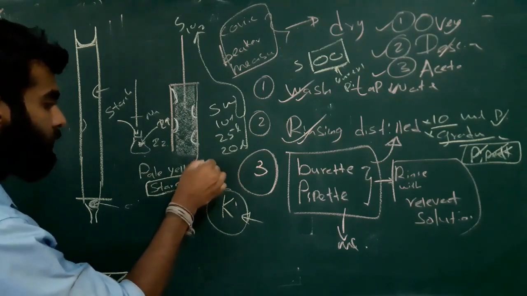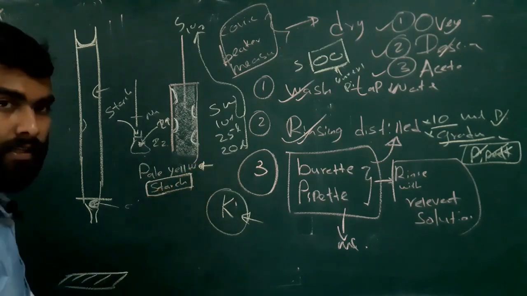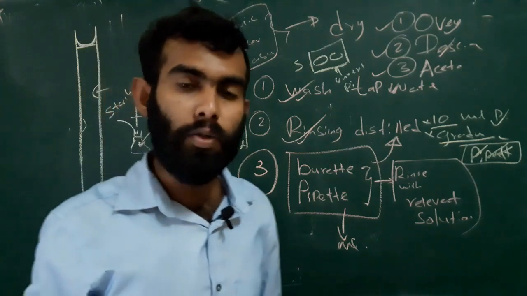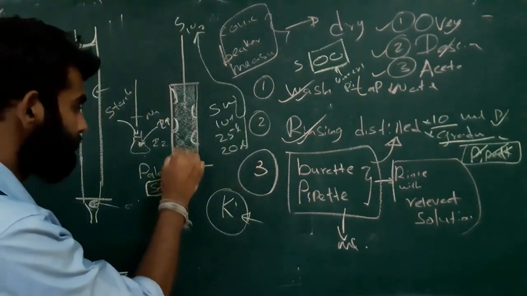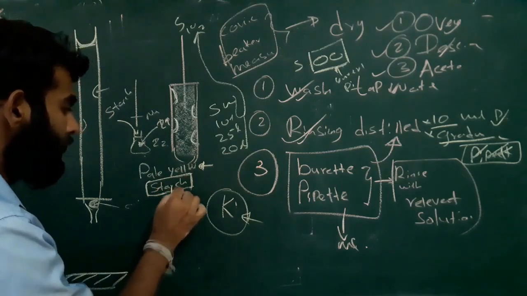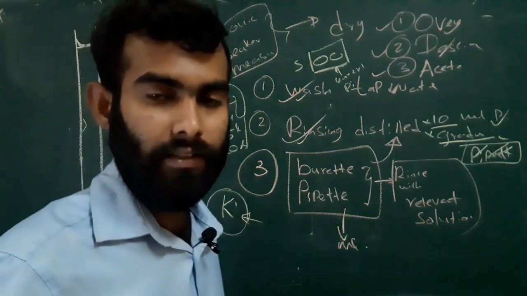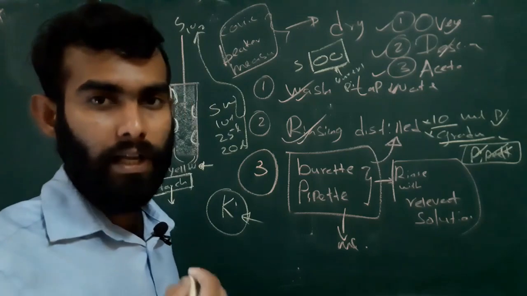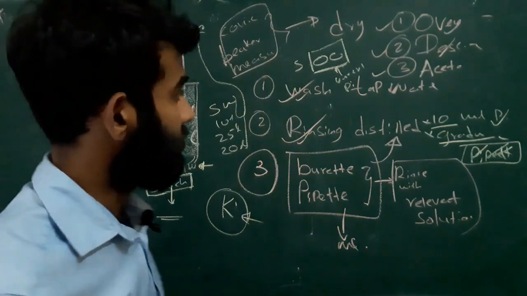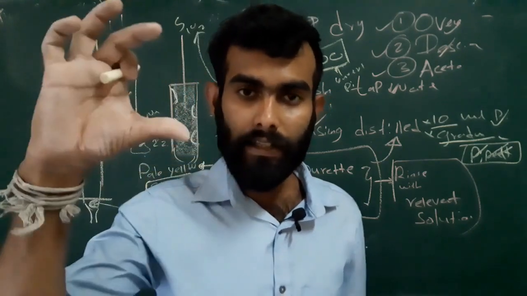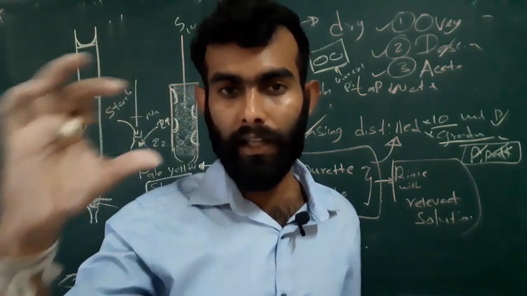After it turns into pale yellow color, we will add starch. After adding starch, the solution will be blue in color, and we will do the titration until the solution is colorless, okay, or white. That's the final thing. After that, we will stop the titration and read the volume of sodium thiosulfate.